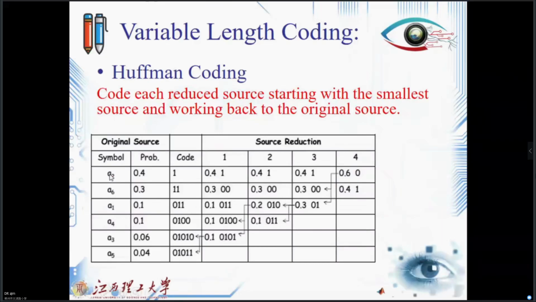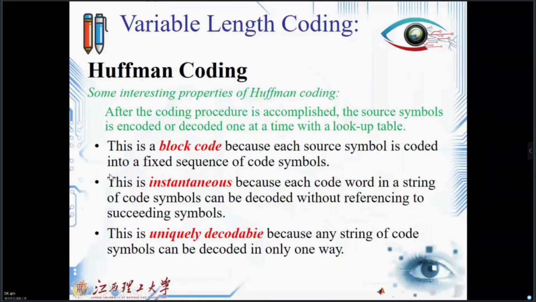Then this Huffman coding has some interesting properties that we can review. One is that after the coding procedure is accomplished, the source symbols are encoded or decoded one at a time with a lookup table. This is a block code because each source symbol is coded into a fixed sequence of code symbols.